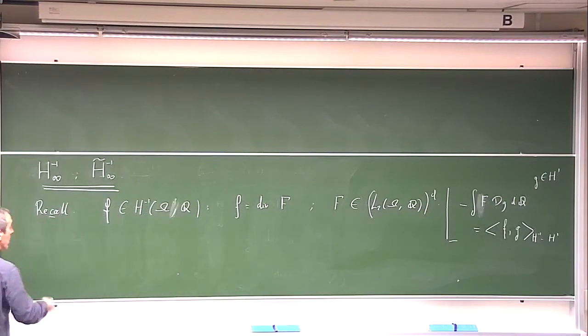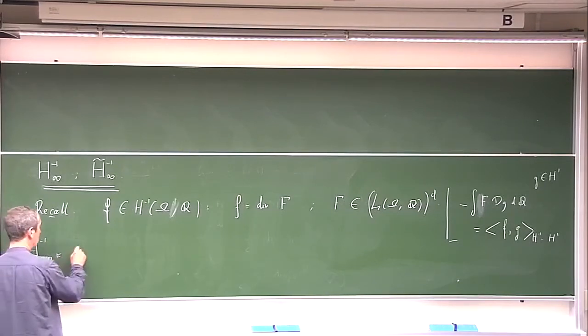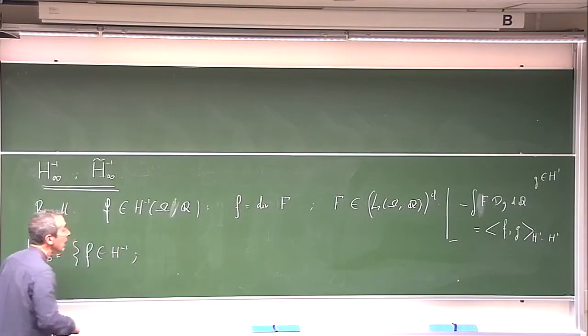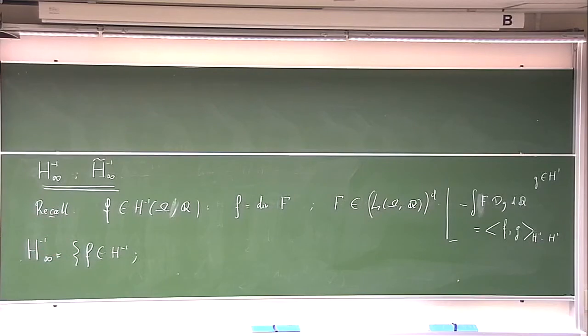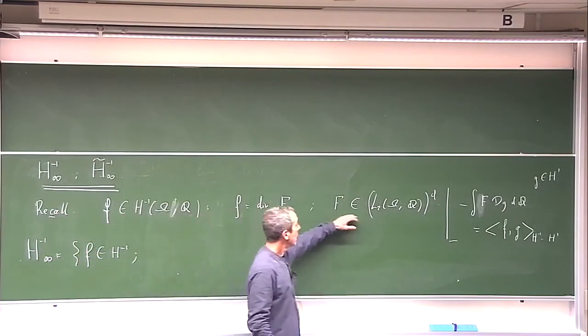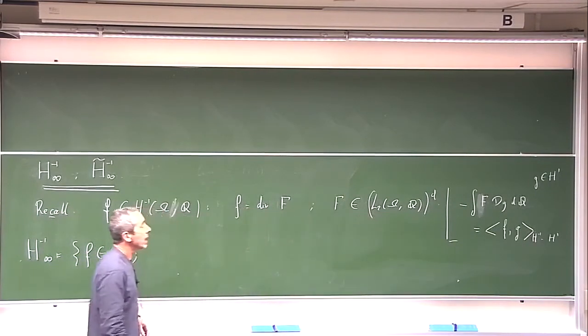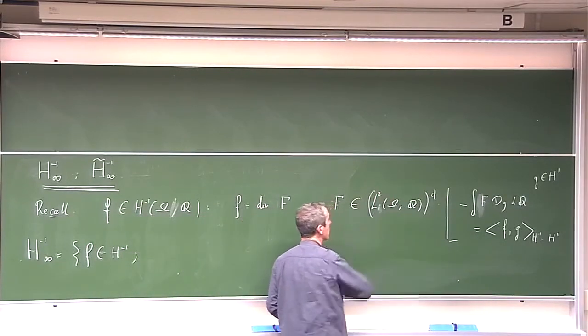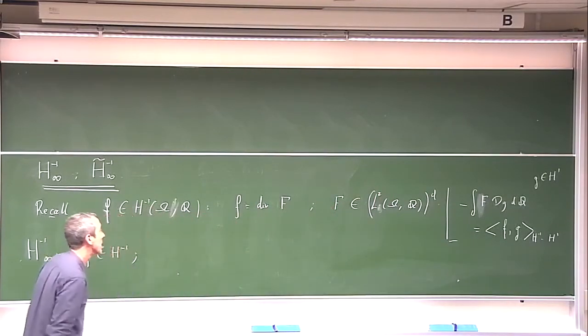So H-1 infinity, as a set, by definition, is the set of elements small f in H-1 for which we can write small f as a divergence of something, but this big F, instead of being in L2, we will assume that it's in L infinity. I'm sorry, my notation has the 2 upstairs.